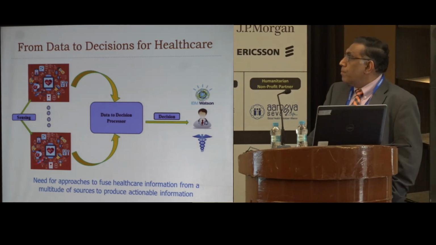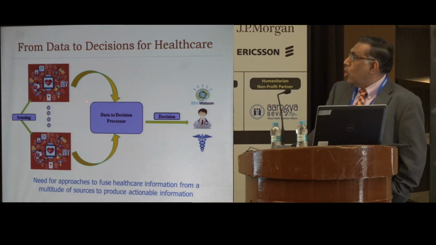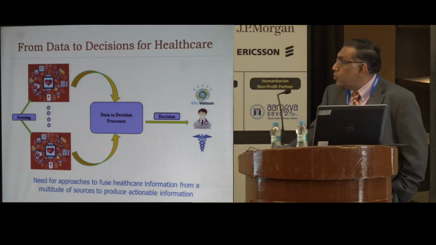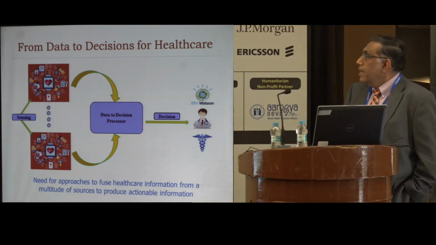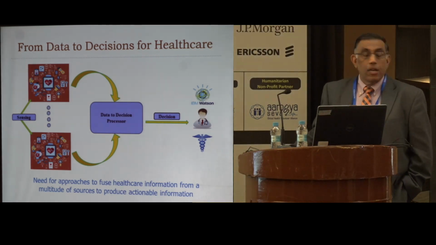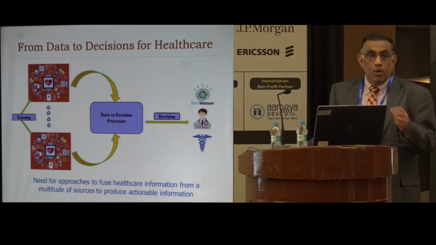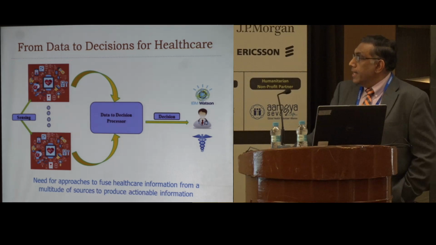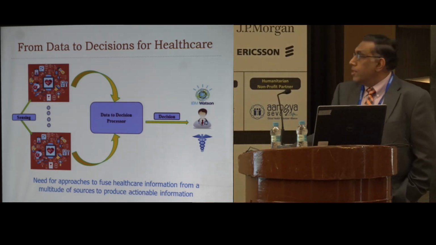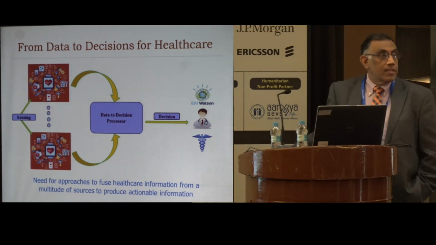These sensors provide information to a box that you can call the data-to-decision processor, and this is where information fusion takes place. Ultimately, the decision is provided to a human, in this case a medical doctor, who will use his or her own intuition, the information that has been fused and the inference reached, as well as databases, tools such as IBM Watson, and so on.